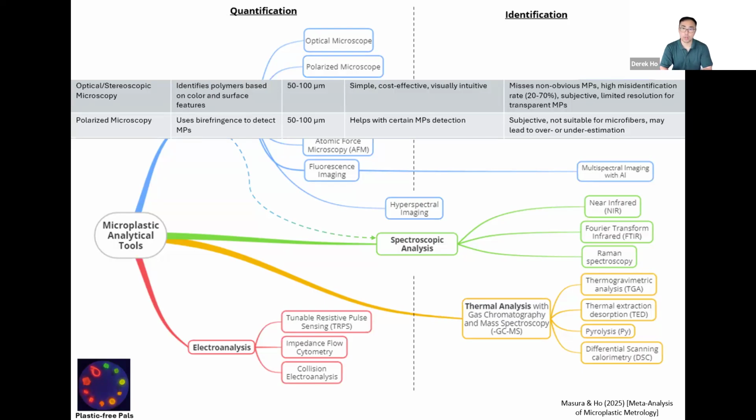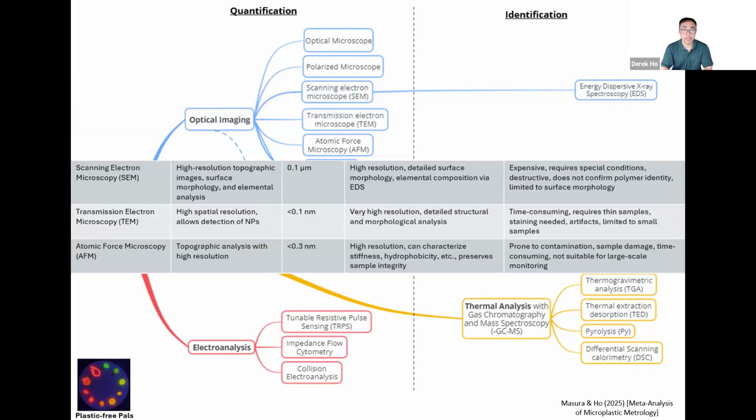And it doesn't do too well with transparent plastics. Polarized microscopy is in the same boat. It's more subjective, and it's not too suitable for microfibers and may lead to either over or underestimation.